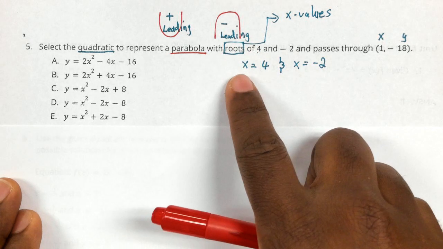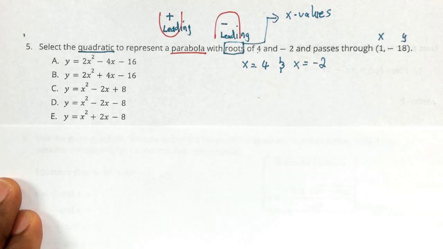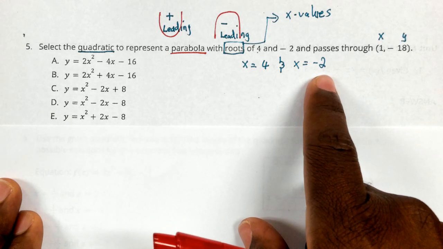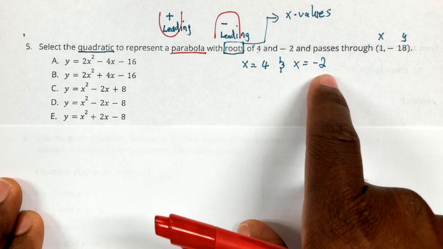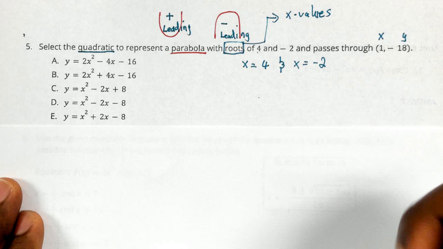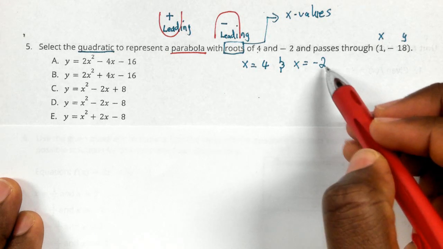So what you need to do, guys, is use these roots to try to find what the expanded form would look like. However, you can't expand a root, you can only expand a factor. So I need to convert these two roots to factored form. To do that, I need to move the number back to where the x is.